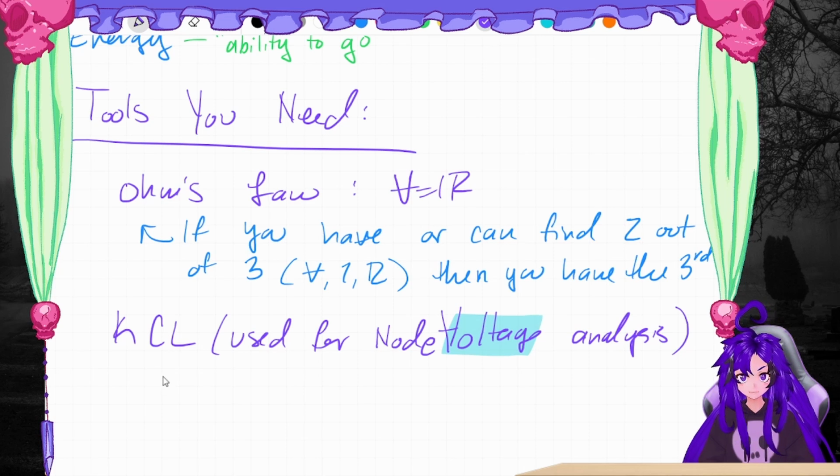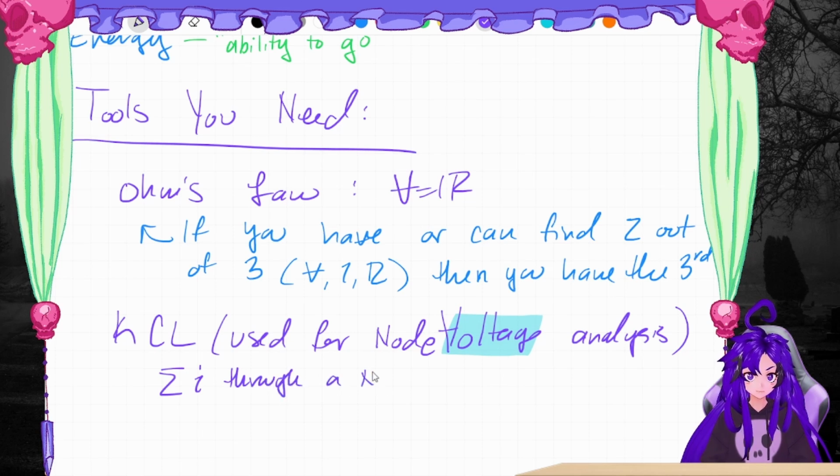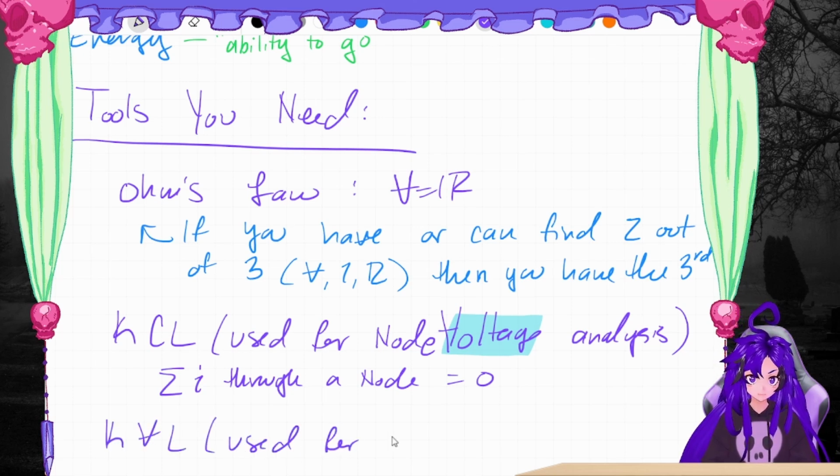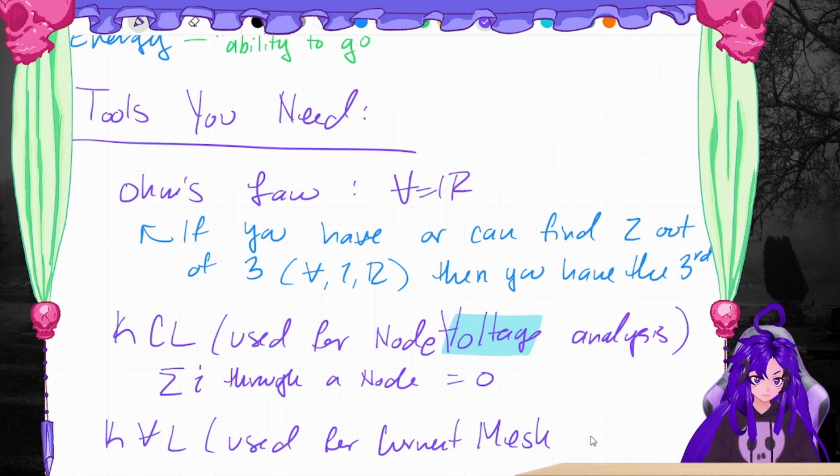And that's the one that says that the sum of currents through a node equals 0. And then you've got KVL, which is used for mesh current analysis.